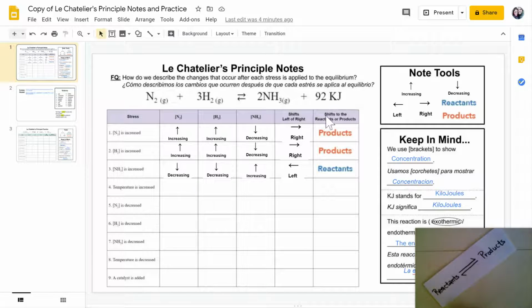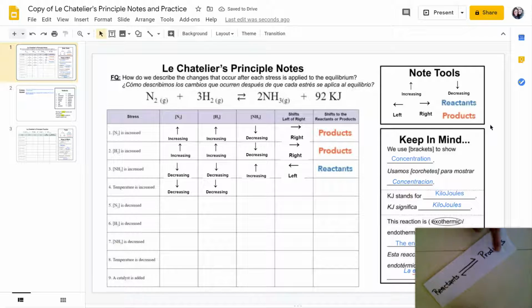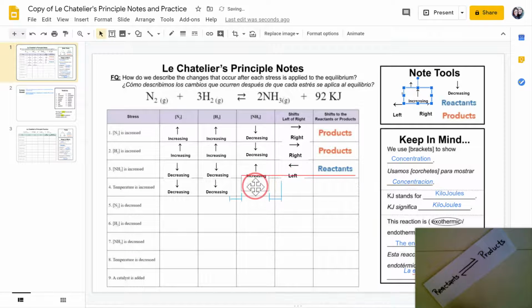So things like N2 decreased and H2 decreased. Now, because temperature is a product, we saw that all products increased, including the concentration of NH3, which is also here on the product side. So again, we're just following patterns.